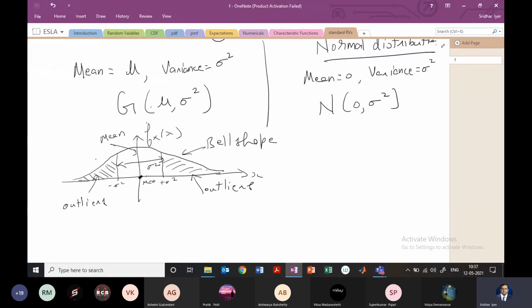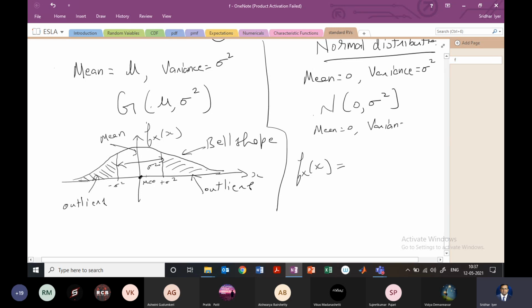So for the normal distribution, let me write this here. For the normal distribution, the PDF can be written as fx of x. Before that, there is another variant of the normal distribution for which the mean is 0 and the variance is 1.